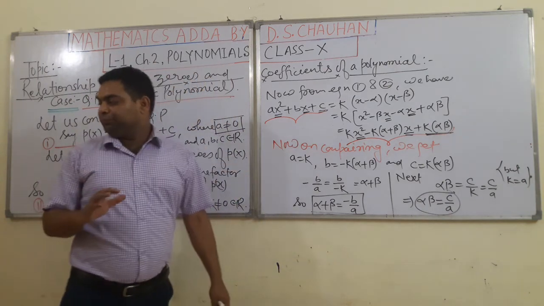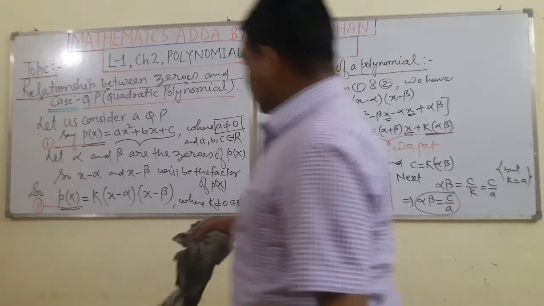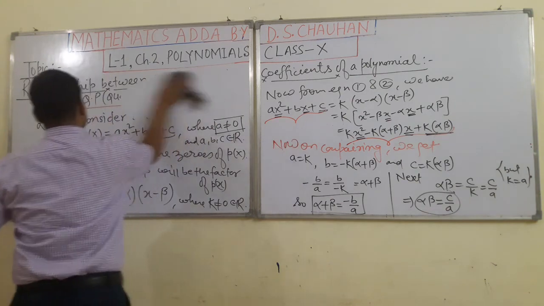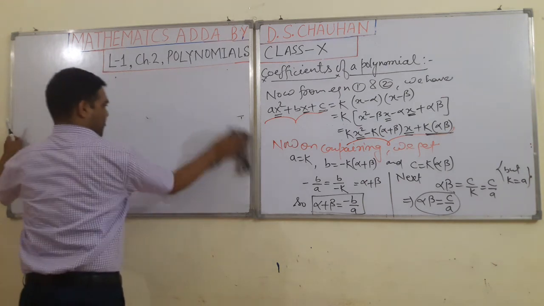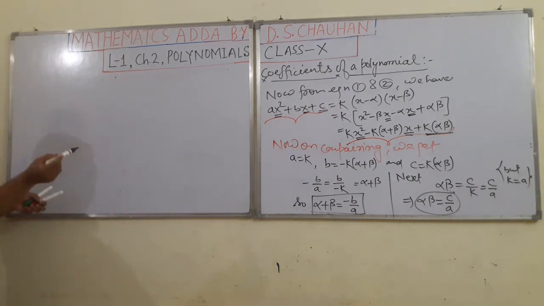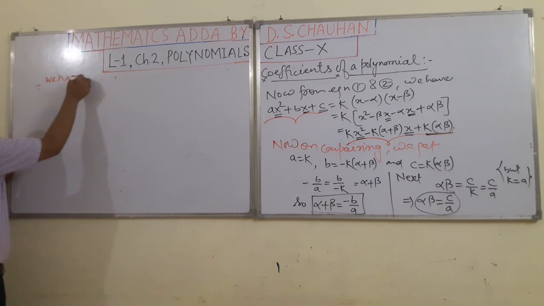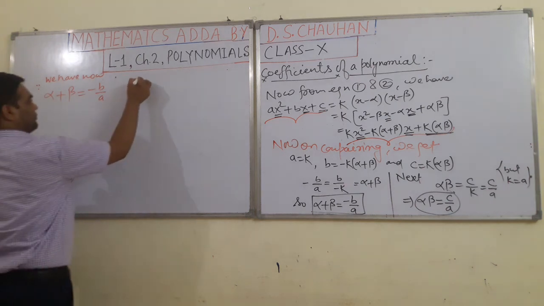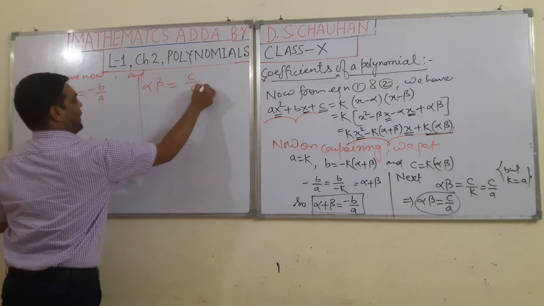Okay students, now just after it you try to understand. See here, so in general what we can note down students, since we now have alpha plus beta equal to minus b upon a, and alpha beta equal to c upon a.